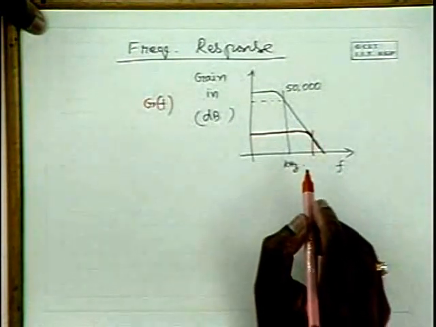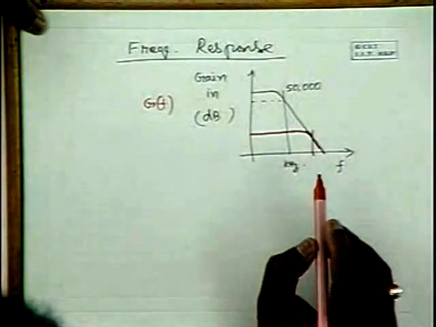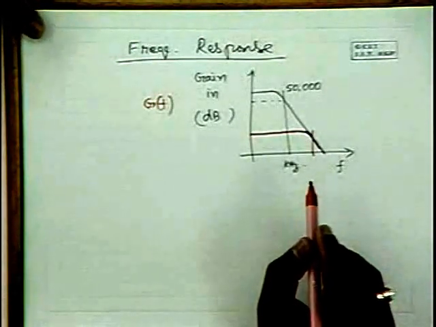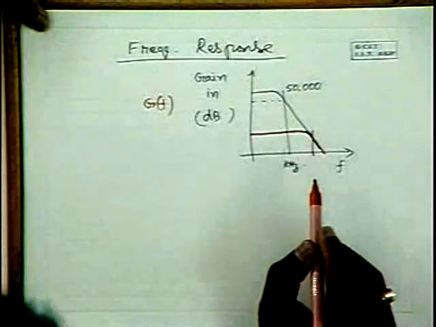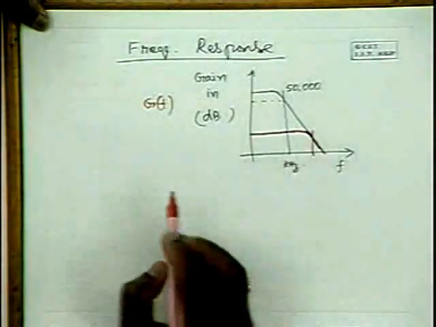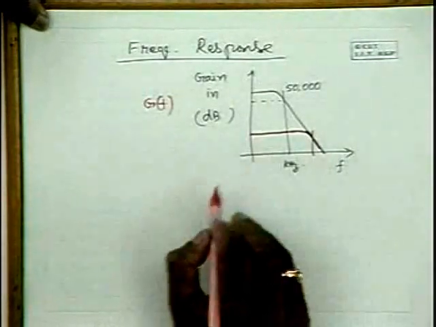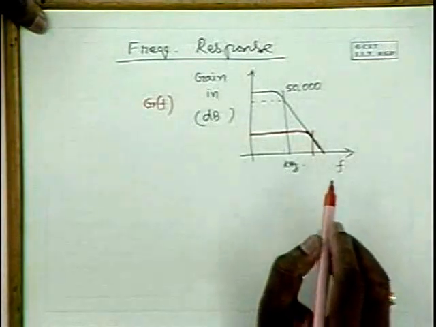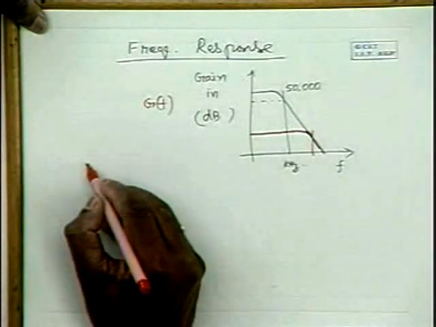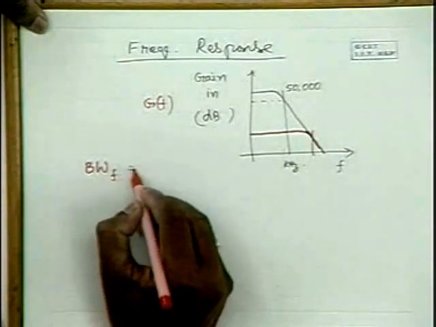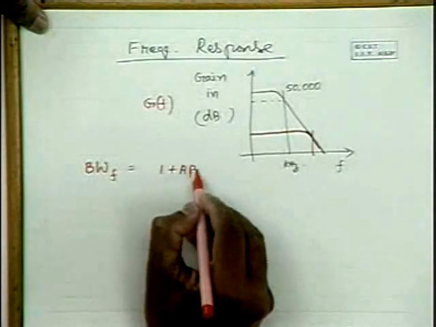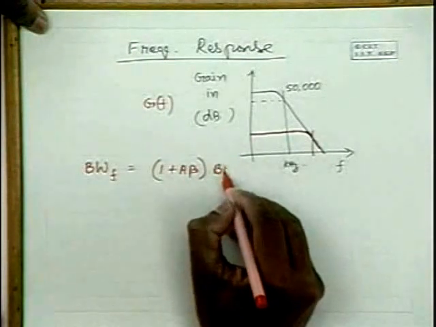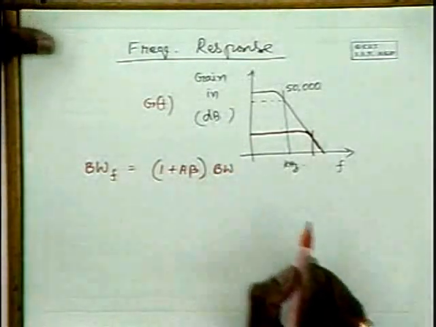While discussing feedback amplifiers, we have seen that the bandwidth increases with feedback by an amount equal to 1 plus A beta. Hence, when you use an operational amplifier in a feedback configuration, the bandwidth increases. So the bandwidth with feedback is equal to 1 plus A beta times the bandwidth without feedback in a typical amplifier.